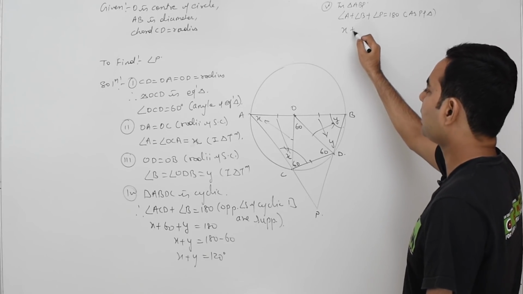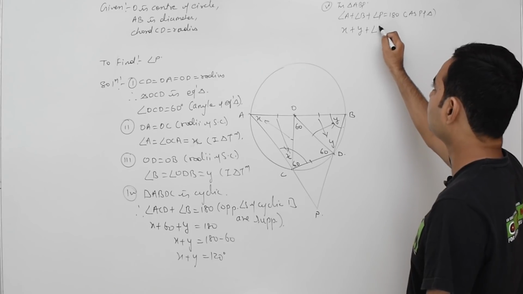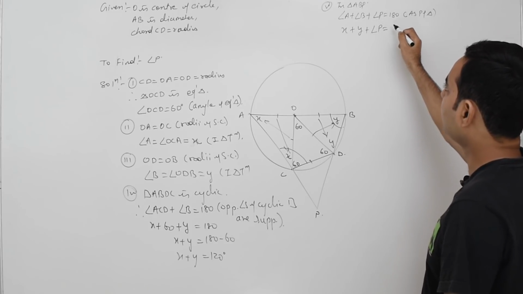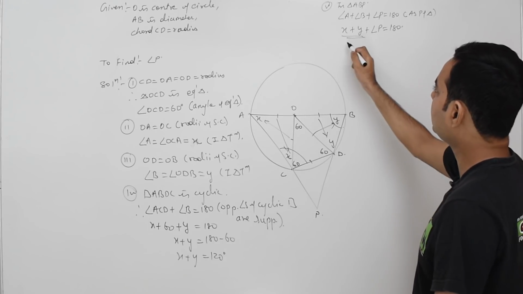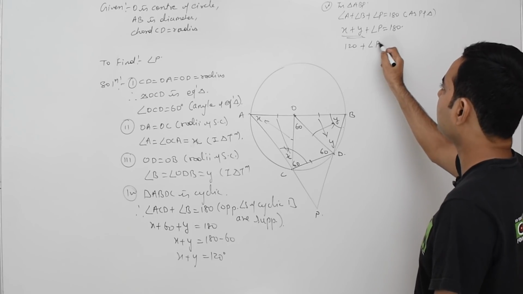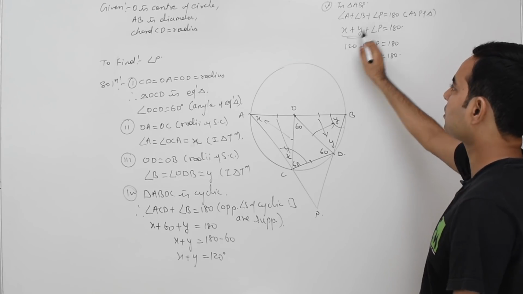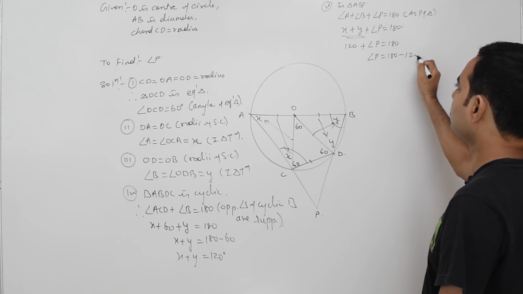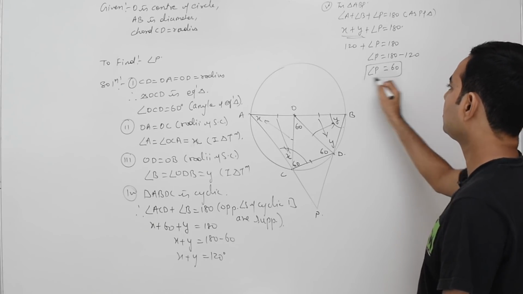Angle A is x, angle B is y, and angle P we have to find. X plus y we have, it is 120 from the fourth, so 120 plus angle P equals 180. So angle P will be 180 minus 120, which is 60. So angle P will be 60.